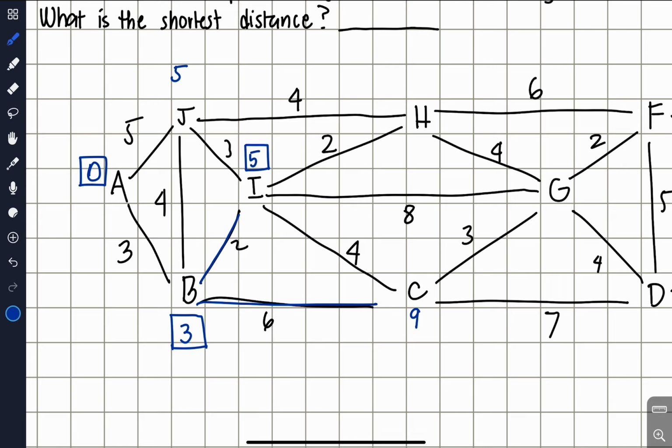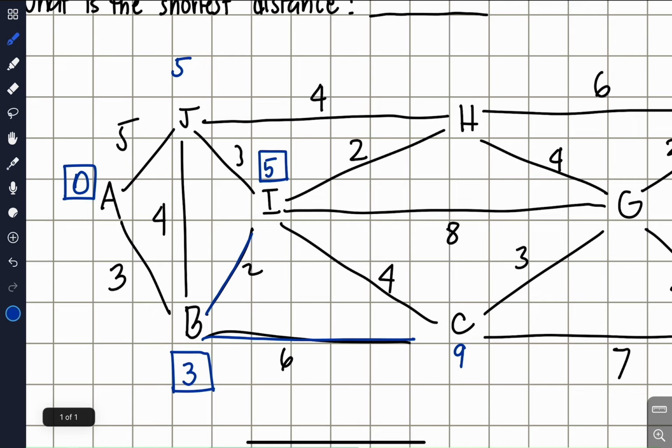Then we box whatever smallest number it will direct its path to. So it's just a repetitive process. Now that we boxed 5, we consider the distances from 5. We can see that it's either from I to H, I to G, or I to C.